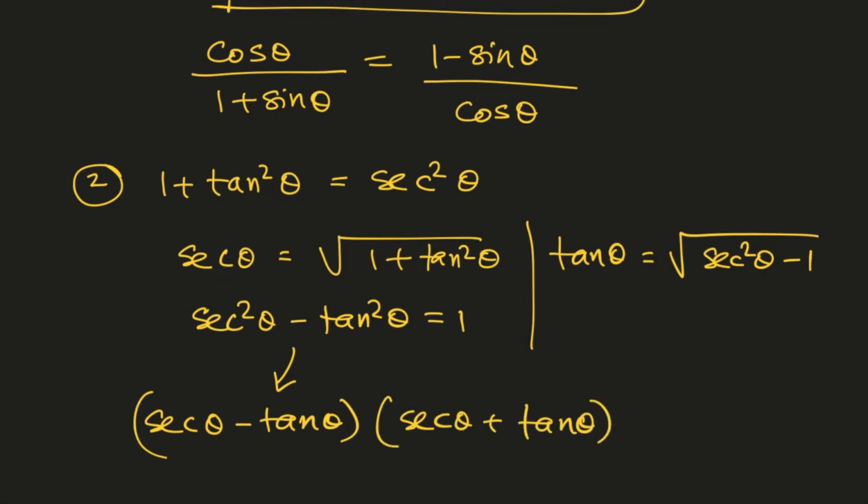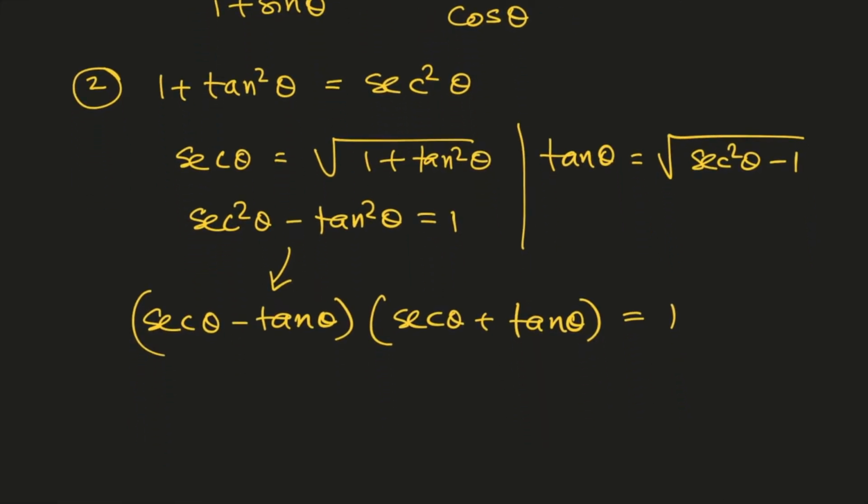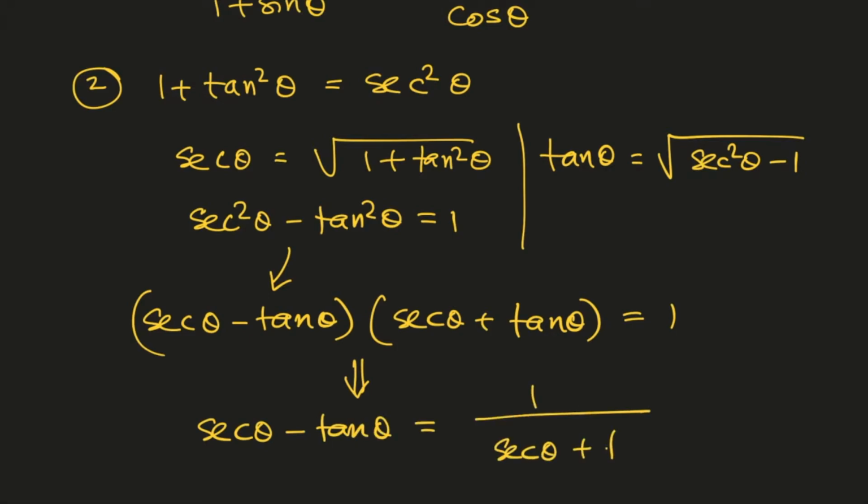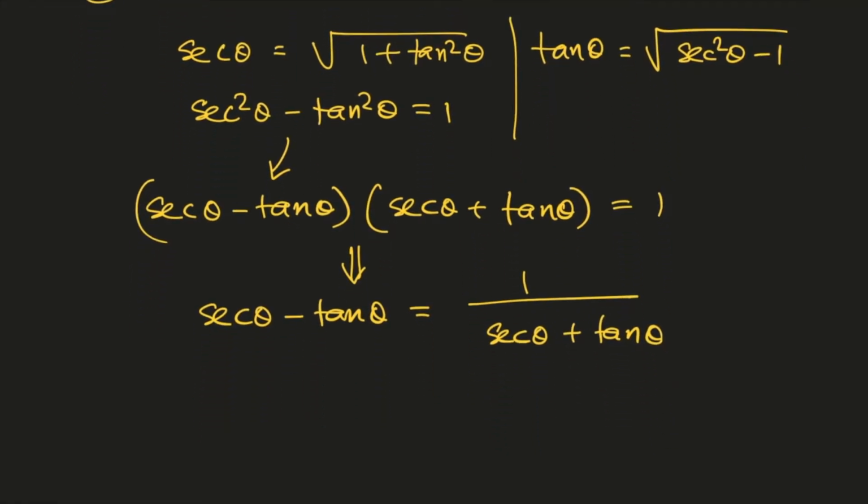is equal to 1. So this could be written as sec theta minus tan theta is equal to 1 divided by sec theta plus tan theta. Or you can write it the other way as well: sec theta plus tan theta is equal to 1 divided by sec theta minus tan theta.